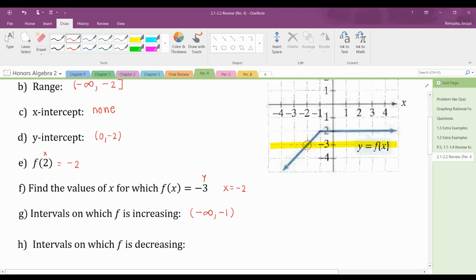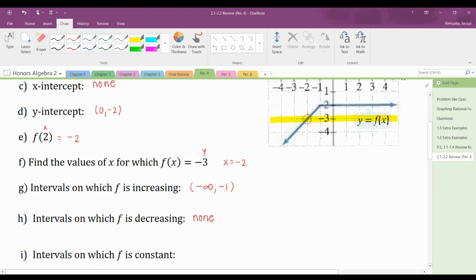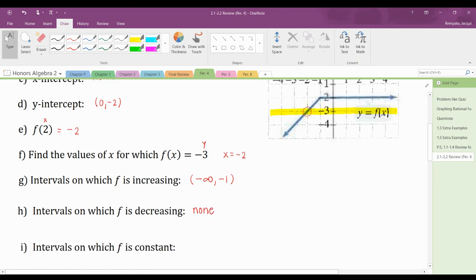If we're talking about an interval on which f decreases, I don't see any negative slopes or any slopes that are falling. So in this case, there would be none. And then when it says to find the interval on which f is constant, remember, to be constant means that you are not increasing, not decreasing, but staying the same.